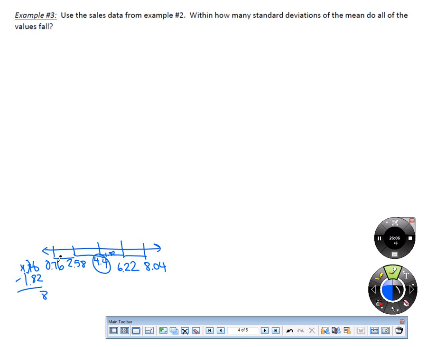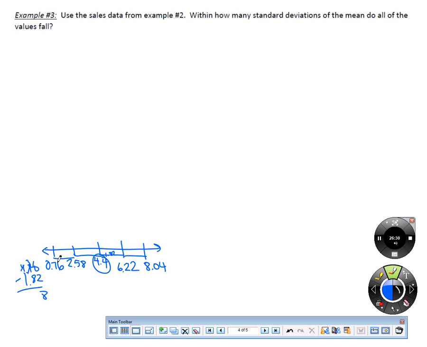They specifically wanted to know within how many standard deviations of the mean do all the data points fall? Is all the data on monthly sales between the numbers 0.76 and 8.04? So there's nothing smaller than 0.76. There's nothing that goes beyond 8.04. So we would say all of the monthly sales fall within 2 standard deviations of the mean.